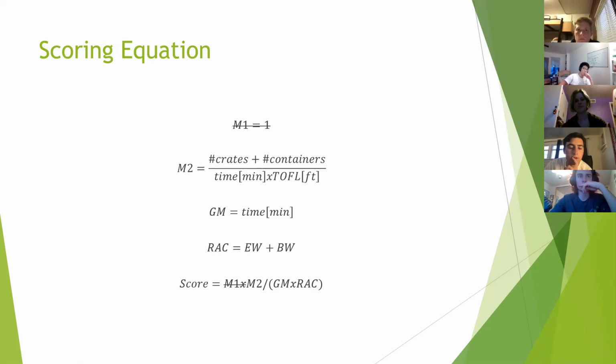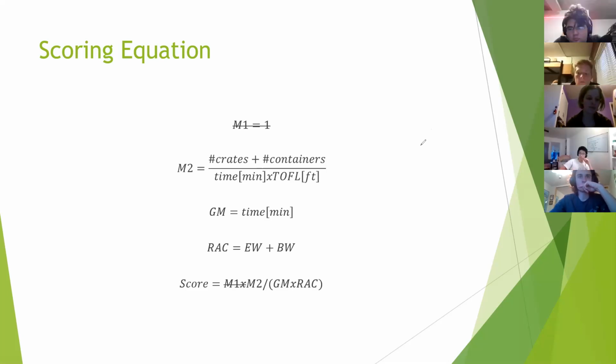Yeah, I got a quick question. Are crates and containers different? I know we mentioned the Jenga blocks, but are those two different things, or are they both the same? Yeah, so one of the most important things a lot of the time is building niche mechanisms for that specific mission.